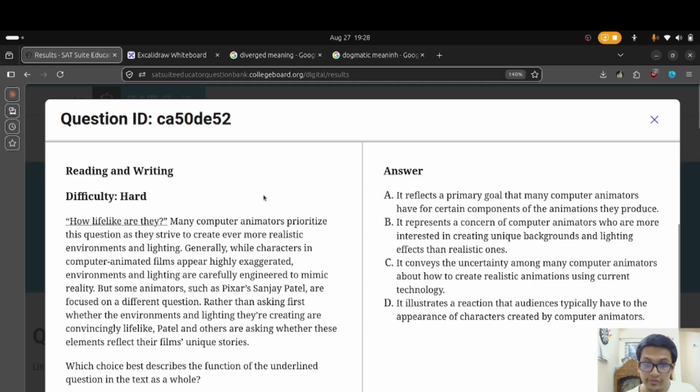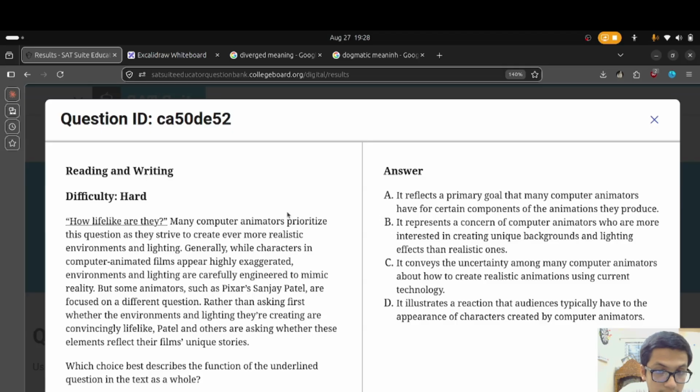Right. Now that's a very difficult question, so we need to be very careful here. So the dashed line is, how lifelike are they? Many computer animators prioritize the question as they strive to create even more realistic environments and lighting. Generally, while characters in computer animated films appear highly exaggerated, environments and lighting are carefully engineered to mimic reality.